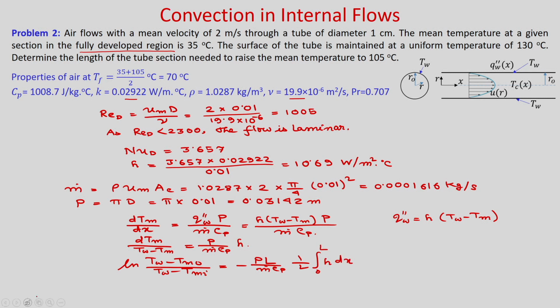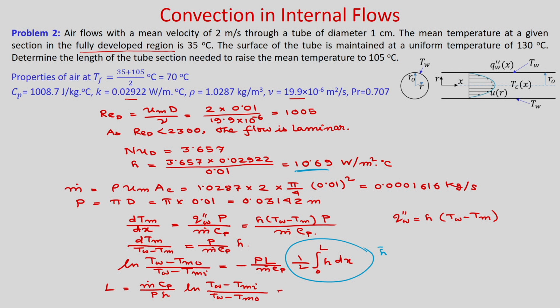If you remember, this is nothing but your h bar, and in this case h bar is equal to h, which we have calculated. So, this value is known. From here you will be able to calculate the length L as m dot Cp divided by P into h, into ln of (Tw minus Tmi) divided by (Tw minus Tmo). We have reversed this because the minus sign has been taken care of here.